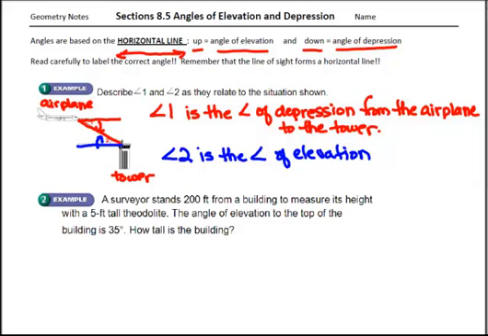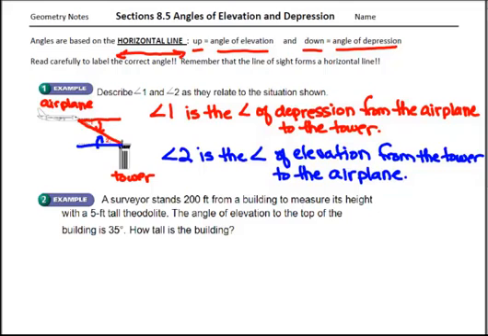It starts at the tower. From the tower to where? The airplane. So this is the idea of angle of elevation and angle of depression. It's based on the horizon line and where the angle is going to.